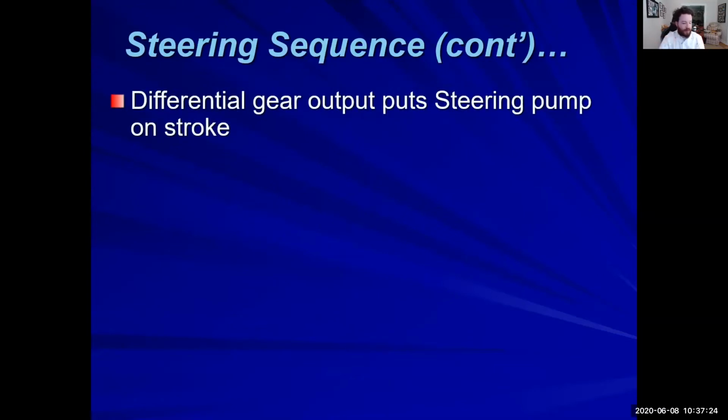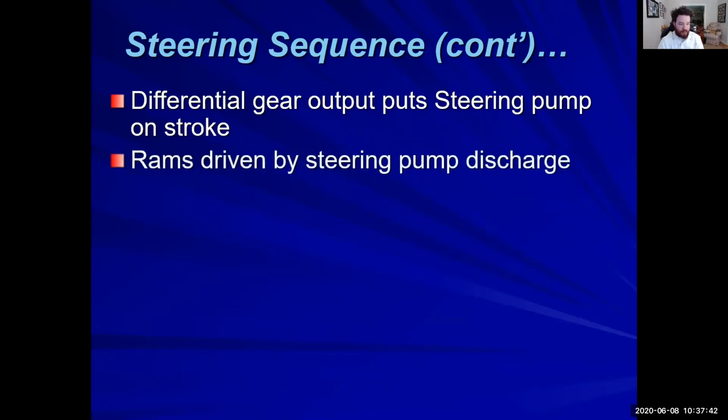So going from there, all of that has happened, and we have not moved the rudder at all yet. The differential gear outputs to the steering gear pump and puts it on stroke. That input number 1 has moved the yoke, and that yoke has moved our tilt box.